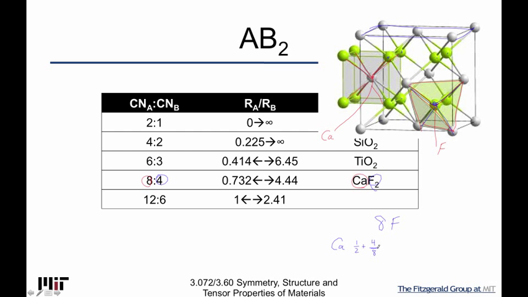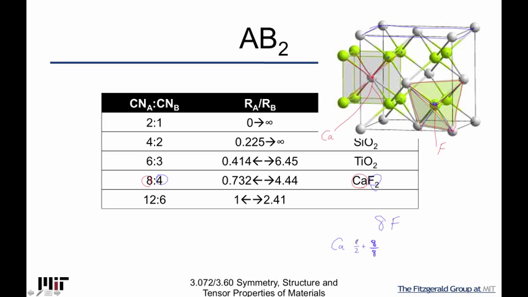Now the way to add this up is, if I look at this whole cell together, I have 1, 2, 3, 4, 5, 6, 7, 8. So I have a total of 8 corners, right? And so I have 8 corner atoms that are each shared with 8. And if I look at the faces, I have 1, 2, 3, 4, 5, 6 faces.